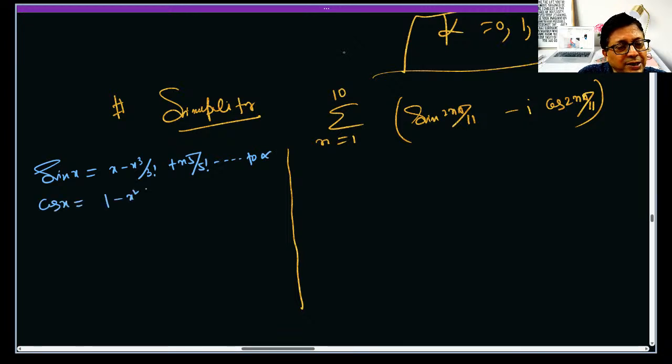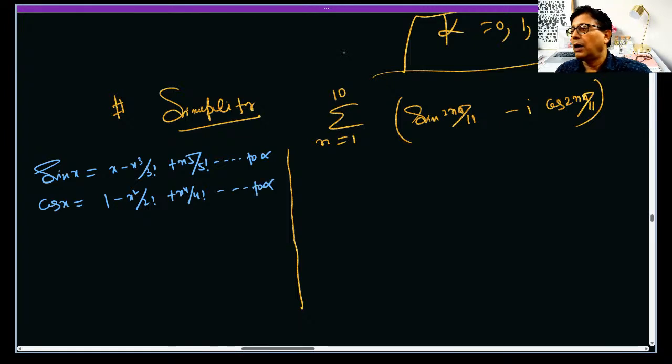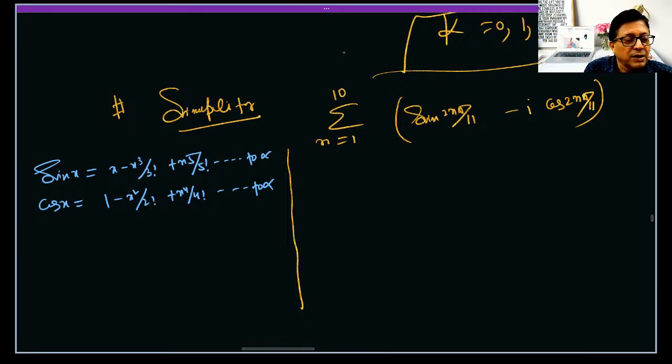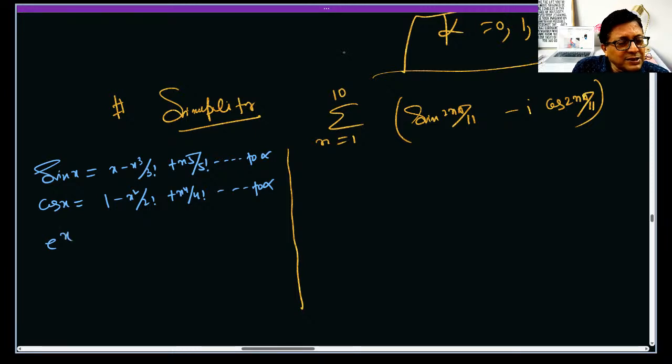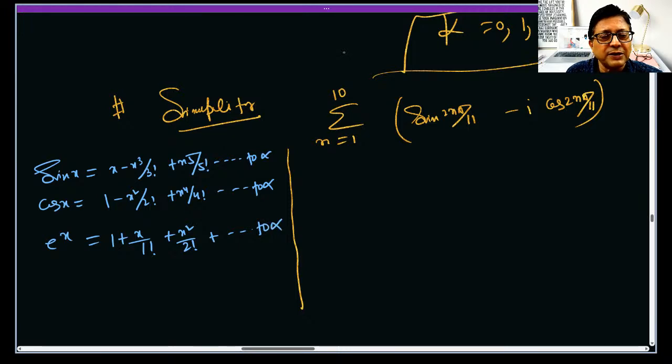The cos x series is 1 minus x²/2! plus x⁴/4! up to infinity. And the e to the power x series is 1 plus x/1! plus x²/2! and so on, also up to infinity.